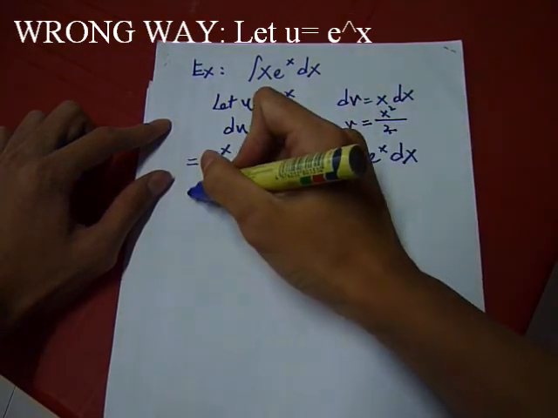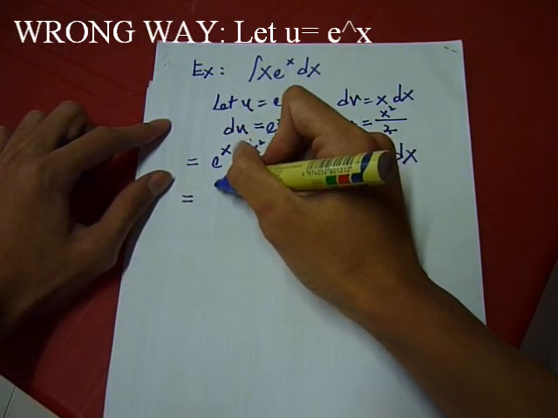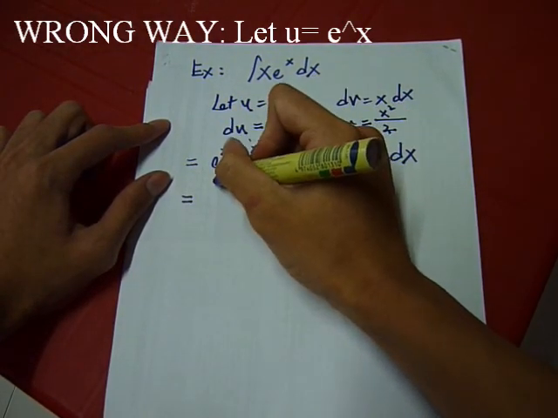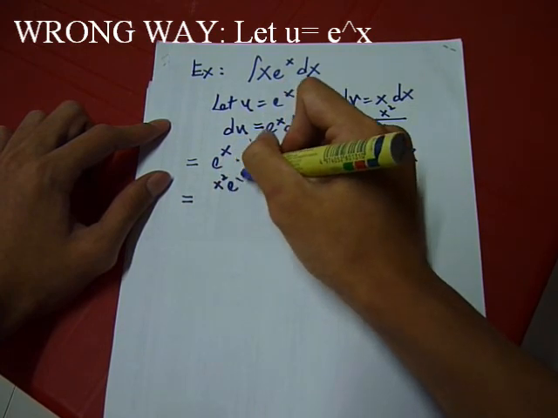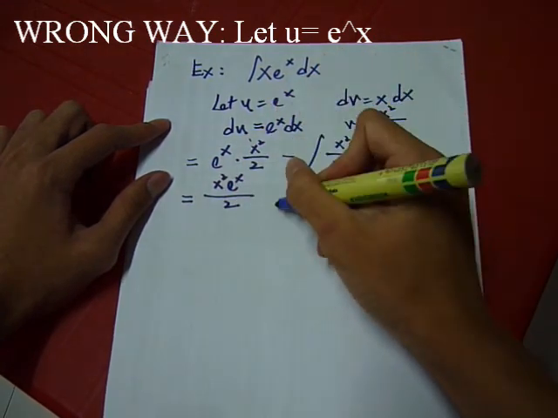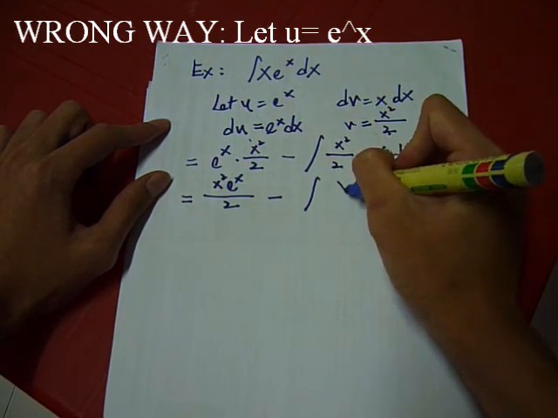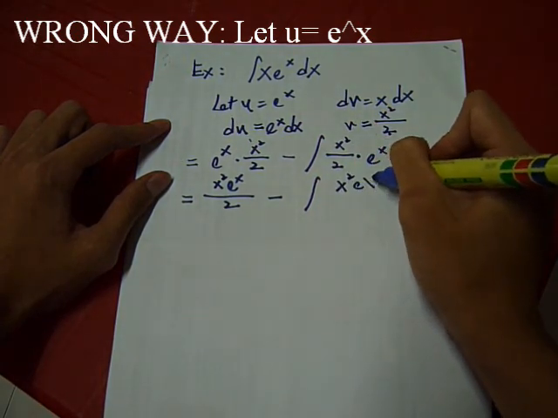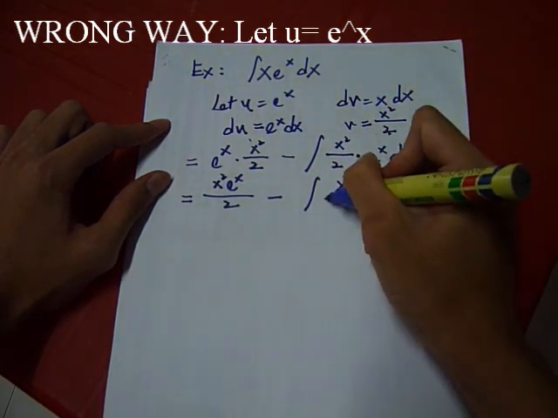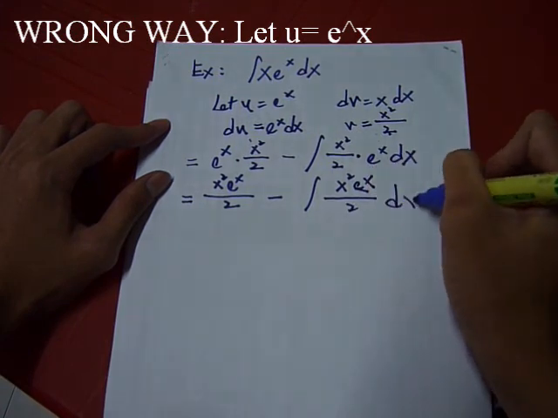And from here we can change it to x squared e^x over 2 minus integration x squared e^x over 2 dx.